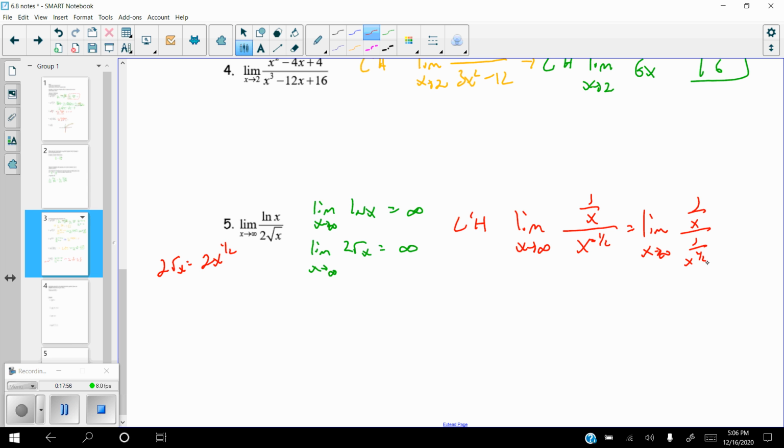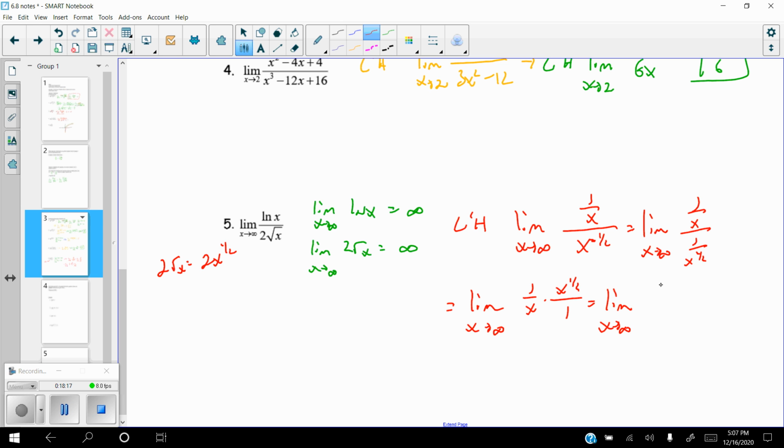So now what I have is a fraction divided by a fraction. So we'll bring the bottom fraction up, flip it, and multiply it, which is going to give me x to the 1/2 over x.